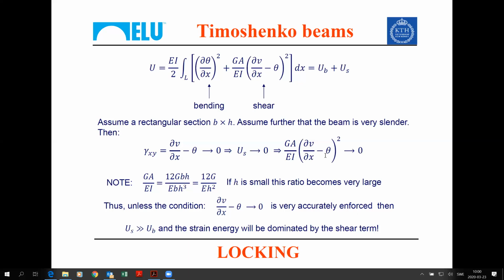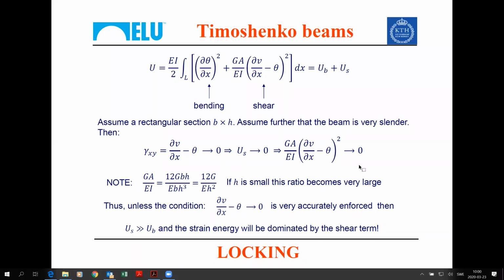If this doesn't happen, then the shear strain will become much larger than the bending strain, simply because this shear strain, which should be vanishingly small, is not, and it's multiplied by a very large constant here, GA over EI. So we are depending on how well we can enforce this condition in the limit.